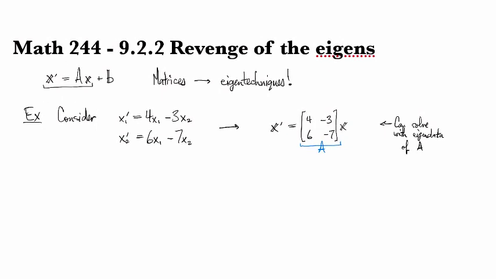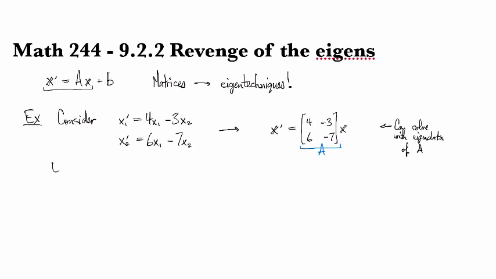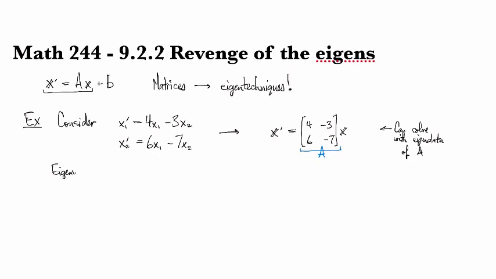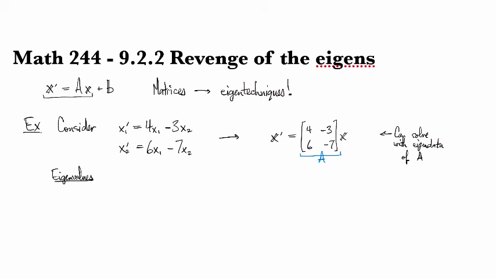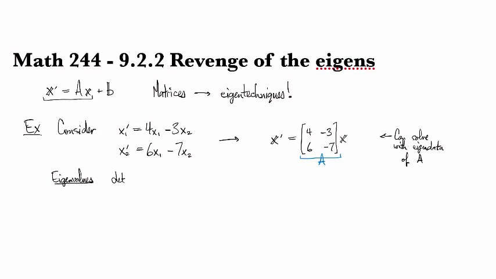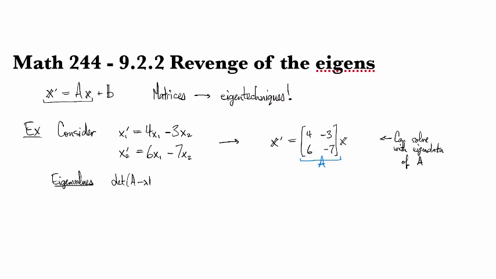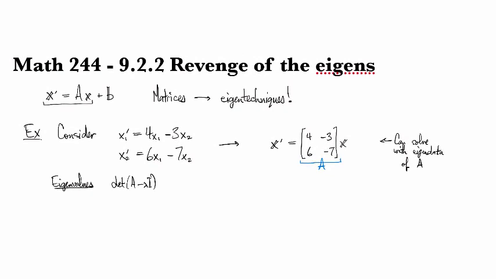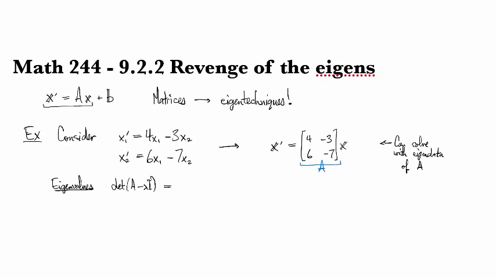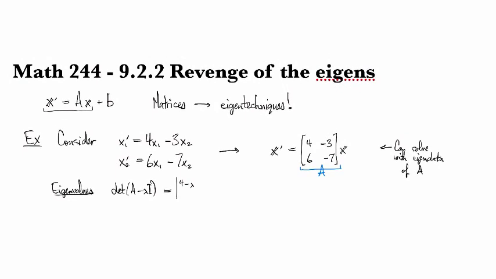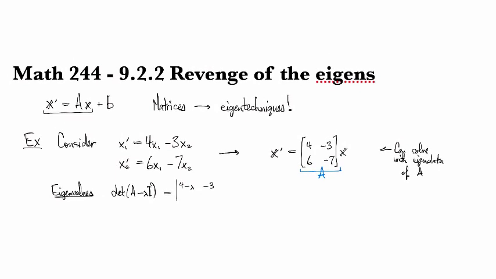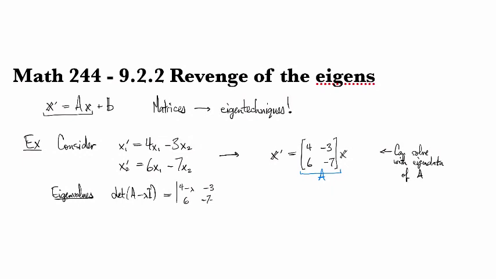Okay, so let's go ahead and find the eigendata. So the eigenvalues, for that we're going to be looking at the determinant of A minus lambda I, like we always do. And so this is going to be the determinant of [4 minus lambda, minus 3; 6, minus 7 minus lambda].